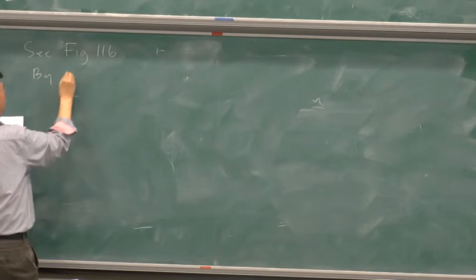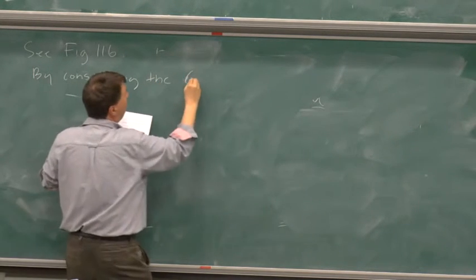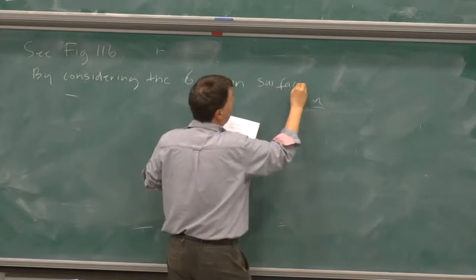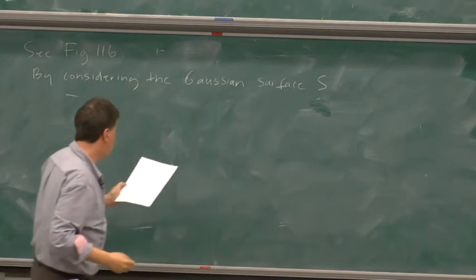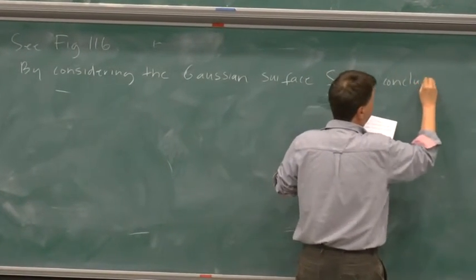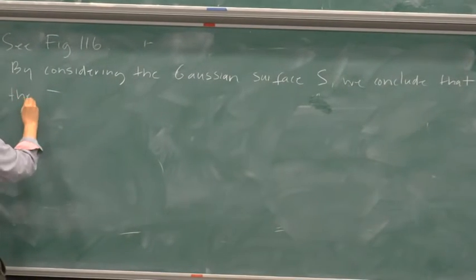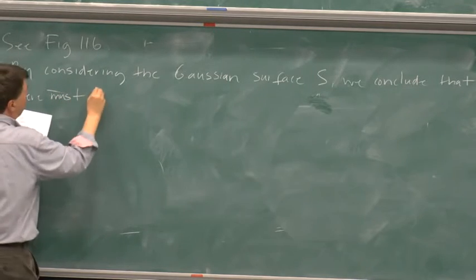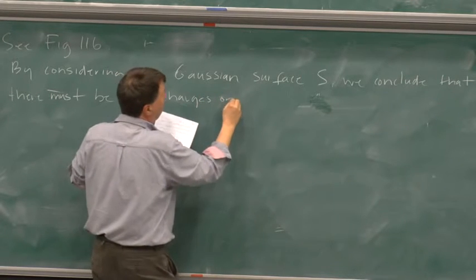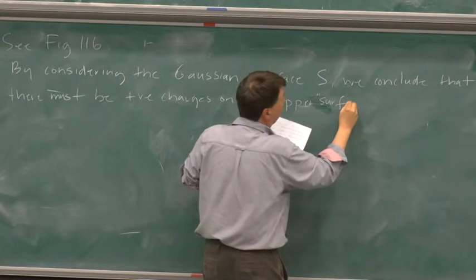So by considering the Gaussian surface S, so we have this Gaussian box here, we conclude that there must be positive charges on the upper surface of the dielectric.